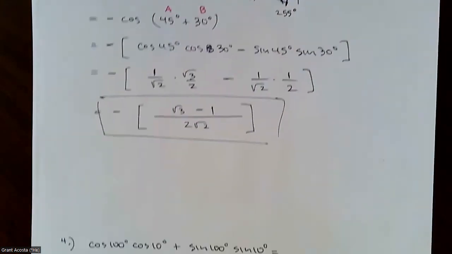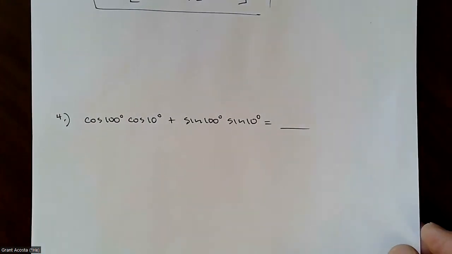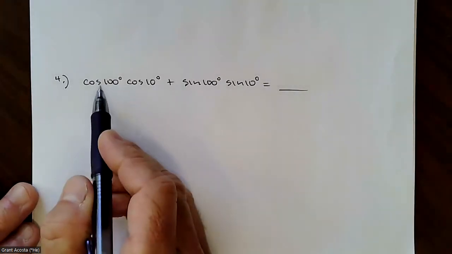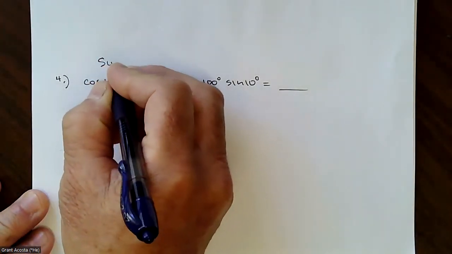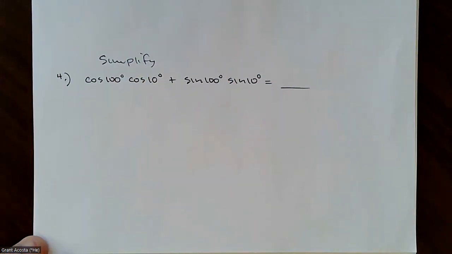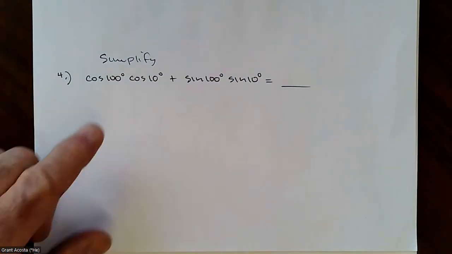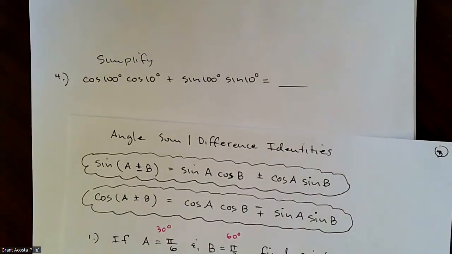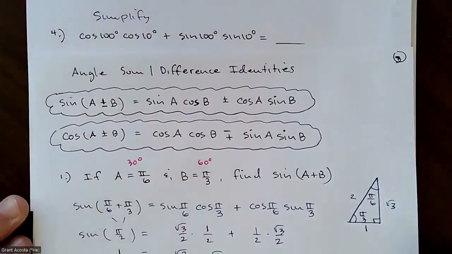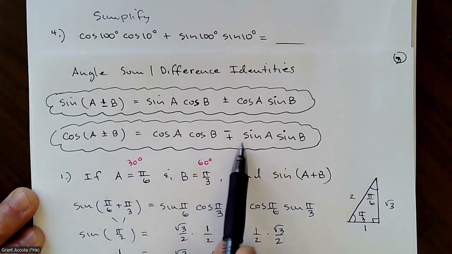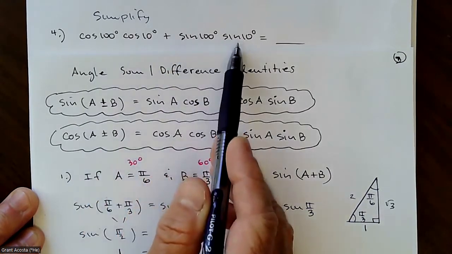So same idea, but another way of getting you to think about that identity is, what if I said to simplify this expression? So then the idea is 100 degrees and 10 degrees. Those aren't angles we know how to find the cosine or sine of, but if you look carefully, it has the form of cosine, cosine, sine, sine.